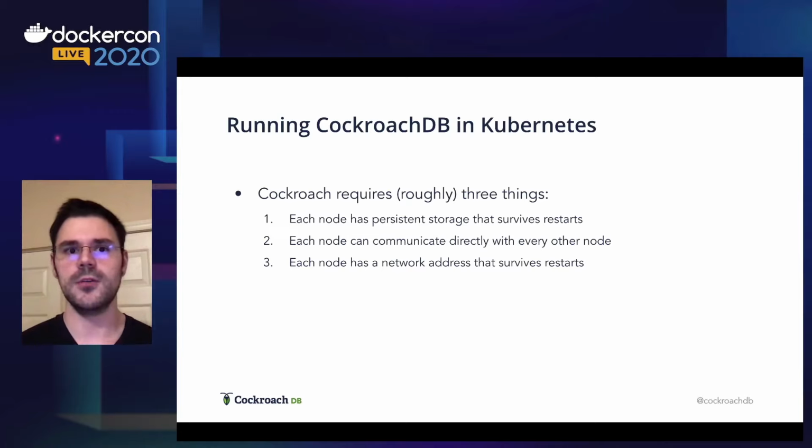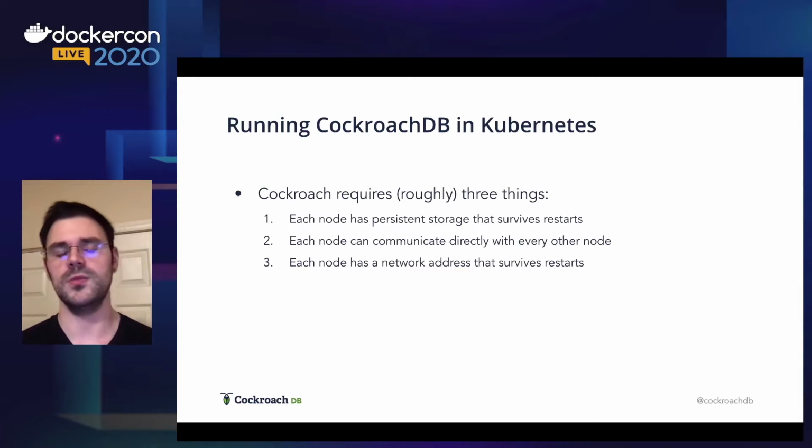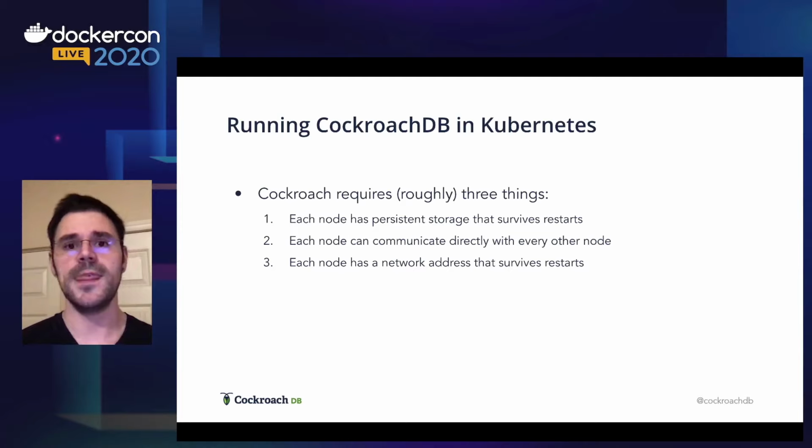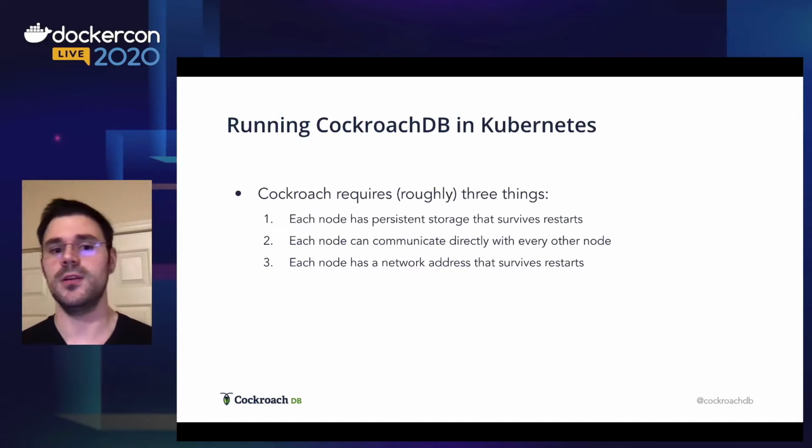Here on the Cockroach Cloud team, all of our managed instances of Cockroach are run on Kubernetes. And what we need for Cockroach to work well on Kubernetes is roughly three things. We need every pod to have some form of persistent storage that is going to survive restarts. Every pod also needs to be able to communicate with every other pod in the cluster.